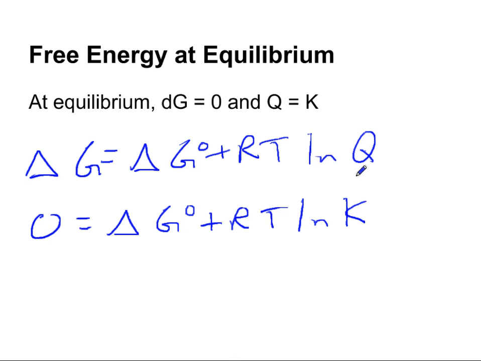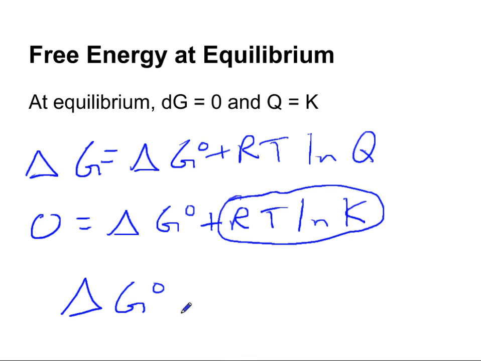We're going to rearrange this so that we get delta G standard on a side of the equation by itself. So we're going to subtract this entire term and move it to the other side of the equation. So we get delta G standard is equal to negative RT times the natural log of K.